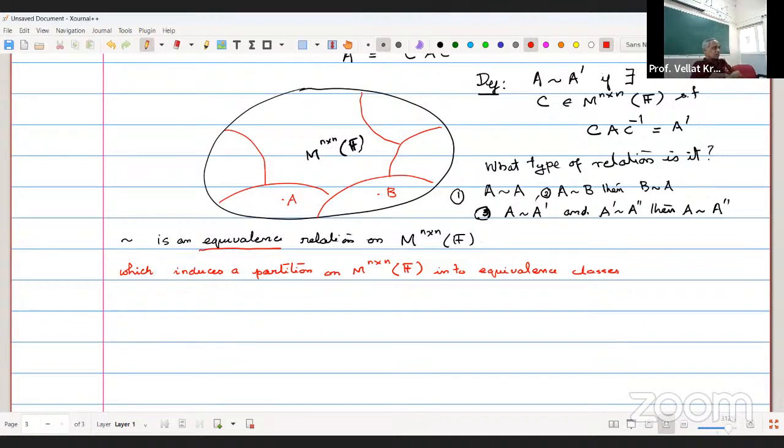If you take one block, which contains all the mutually related n by n matrices, then they represent the same linear transformation.